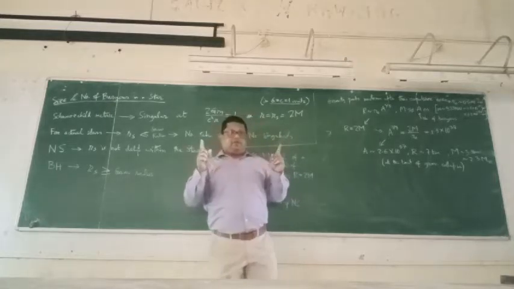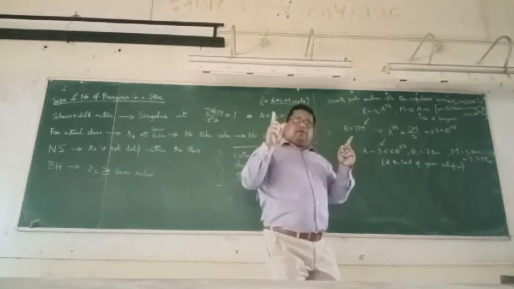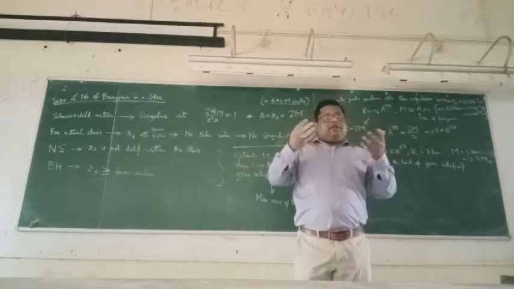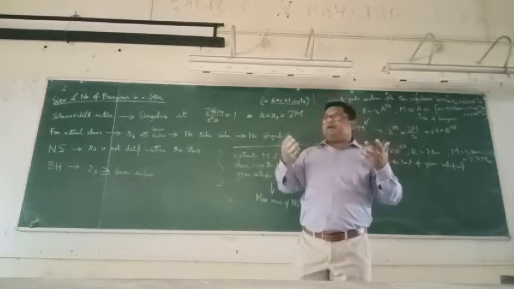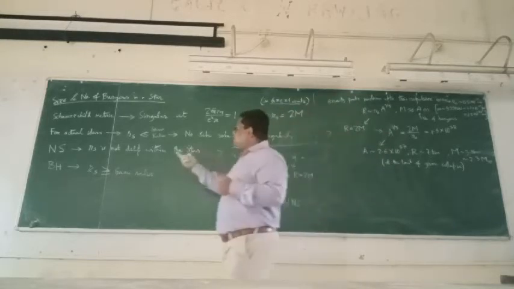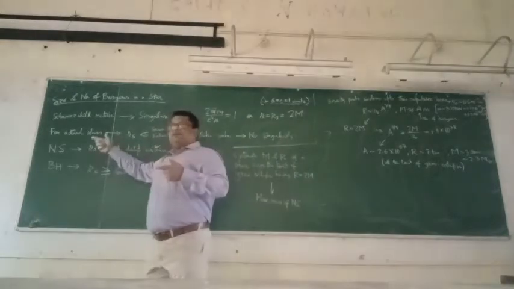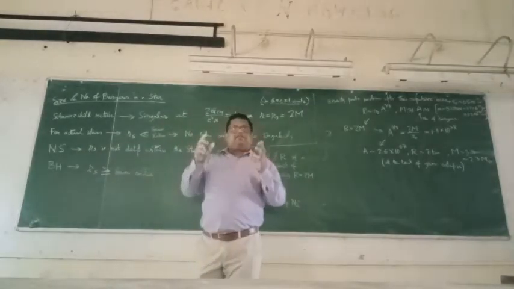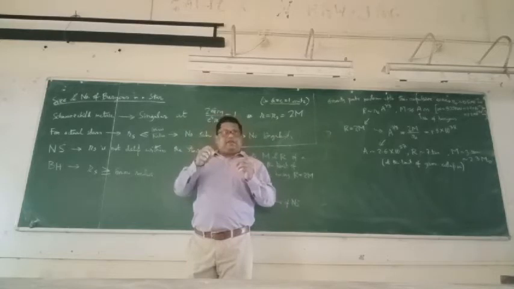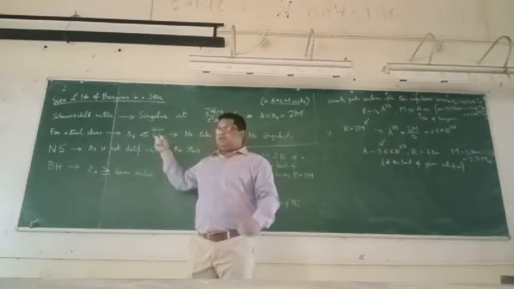Same for a white dwarf. But what about a neutron star? The general relativistic effects are slowly becoming more and more important, and this can be seen here. For a neutron star, the Schwarzschild radius is inside, but not that much deep inside.